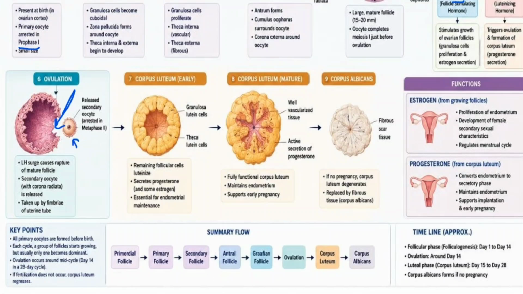After ovulation, the empty Graafian follicle does not disappear. Instead, it is transformed into a temporary endocrine gland called the corpus luteum.